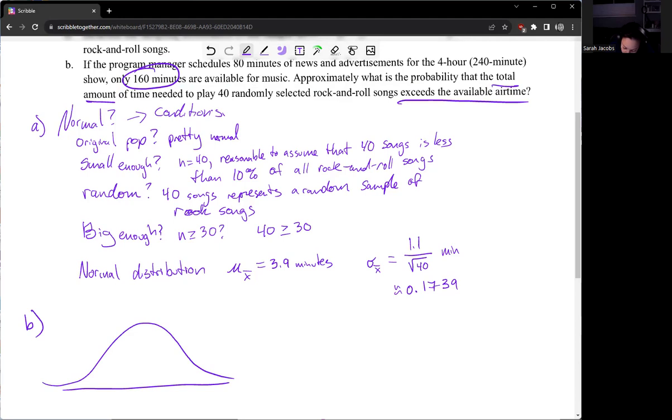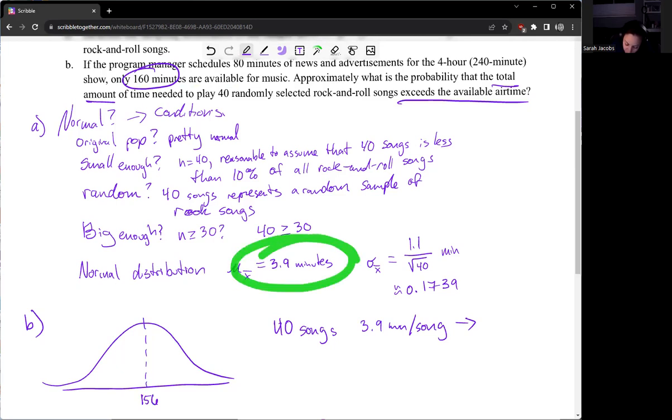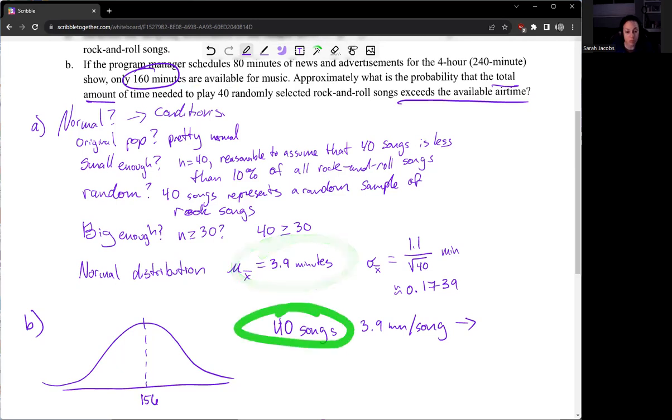And if I have 40 songs with an average of 3.9 minutes per song, that would give me a predicted mean of 3.9 times 40, which is 156. I'm predicting, based on my distribution, if I have 40 songs and each is 3.9 minutes, each is perfectly average, that would be 156 minutes.